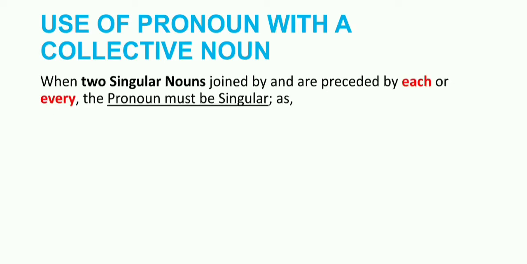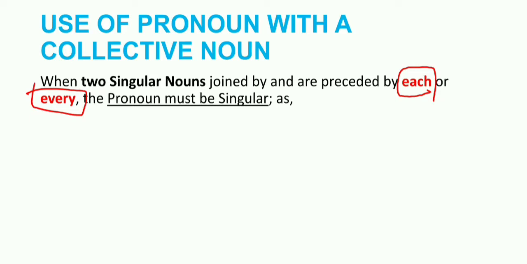Next, when two singular nouns joined by and are preceded by each or every, the pronoun must be singular. Now here we have two things: one is each and the second is every. In the adjectives we discussed earlier, each and every are called the distributive numeral adjectives.